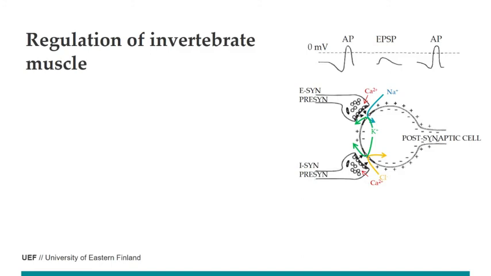If you have only this presynaptic inhibitory synapse, then in the neuron there is this action potential, but in the postsynaptic area there is only a small shift in the membrane voltage, because this receptor is allowing chloride inside the cell, in the opposite direction than in these excitatory cells, and there's no action potential.